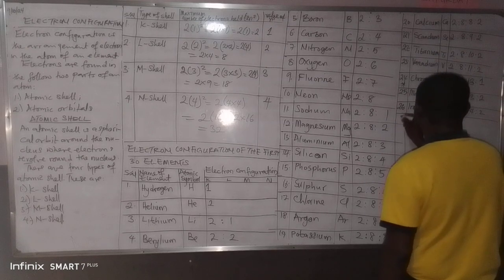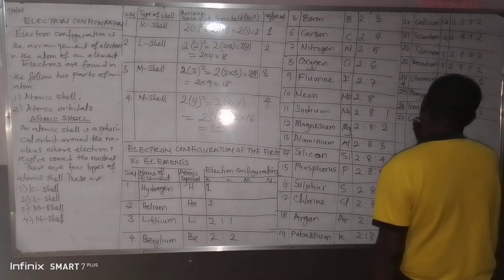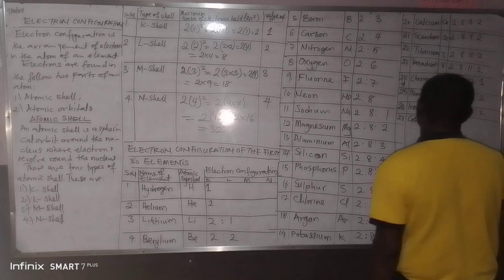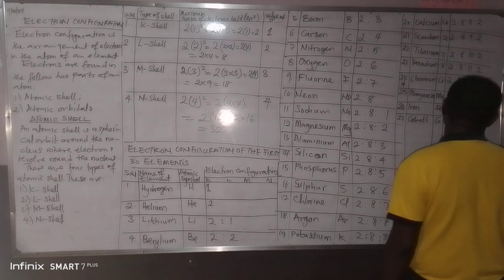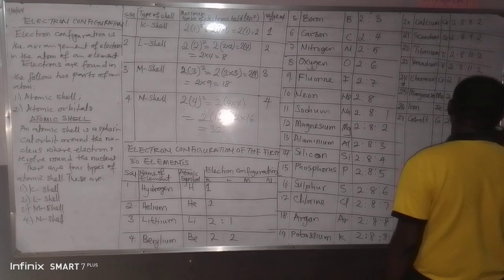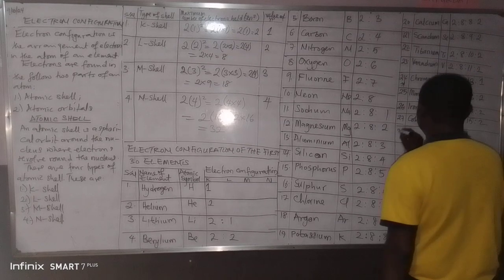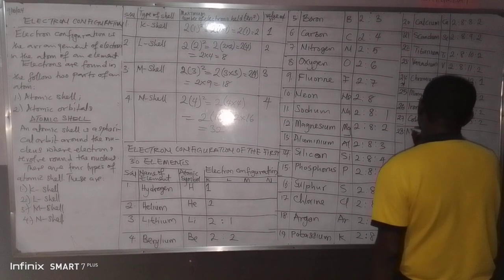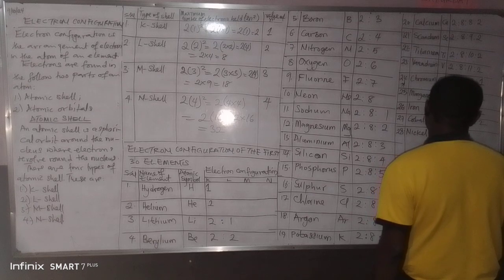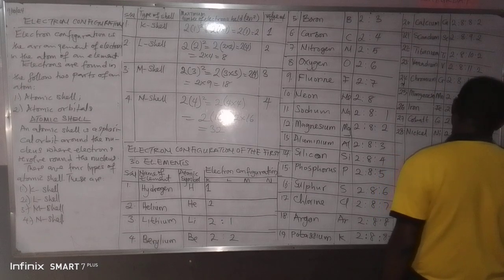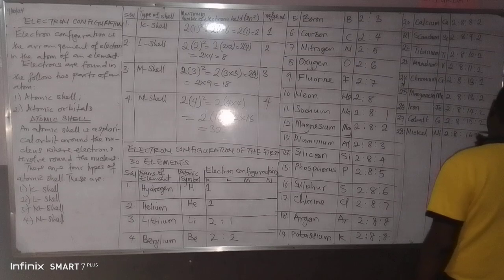Then 27, cobalt: 2, 8, 15, 2. Then 28, we have nickel, Ni: 2, 8, 16, 2.